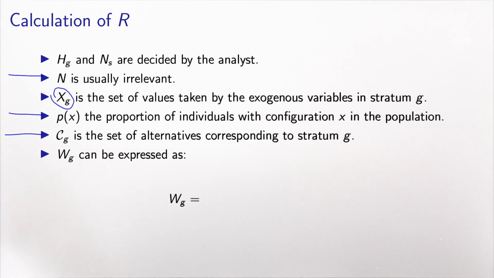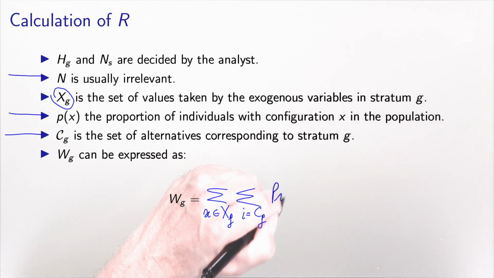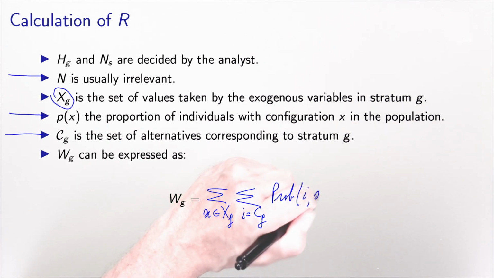WG is the proportion in the population of people in group G. So this is the sum over all possible values of x in group G, and all possible values of i in group G, of the probability to have i and x.